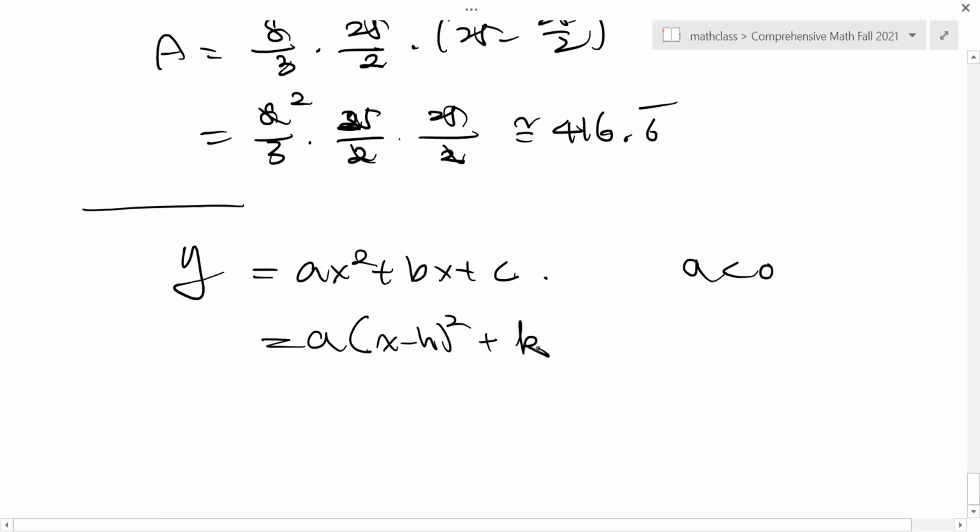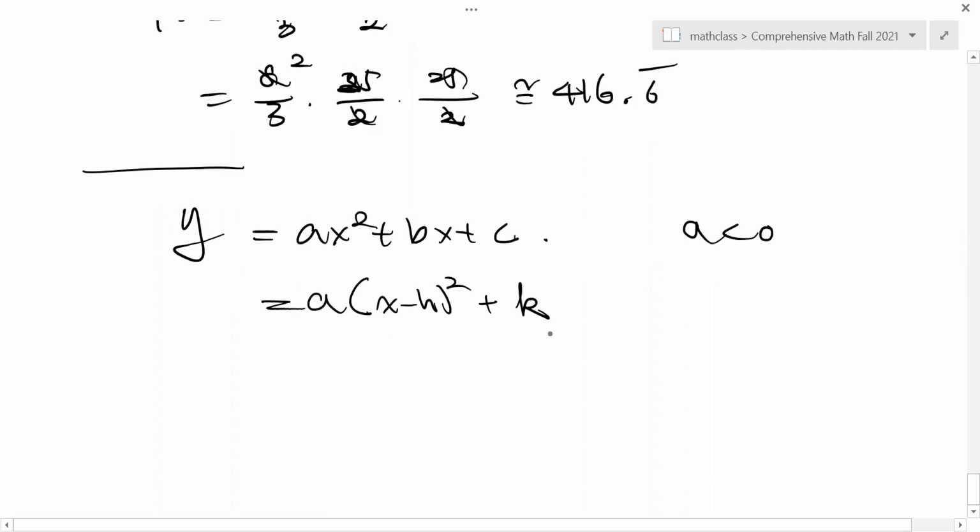I can show you how to do it step by step, and you can also get the formula for h and k. How do we get h and k? If we multiply it out, we can get h and k.